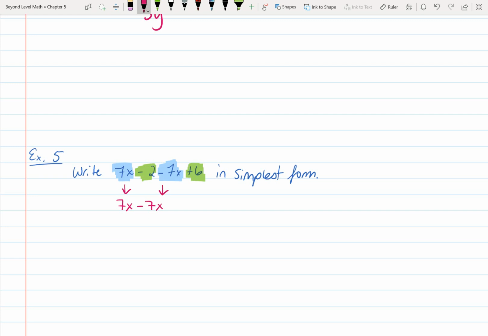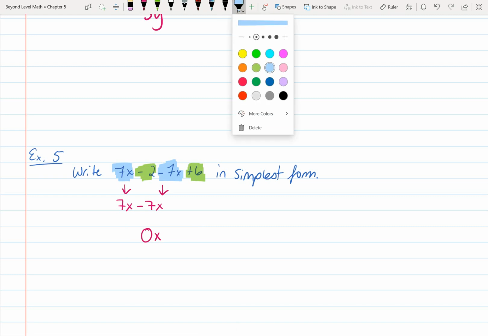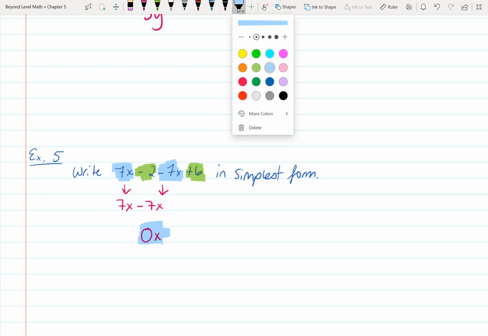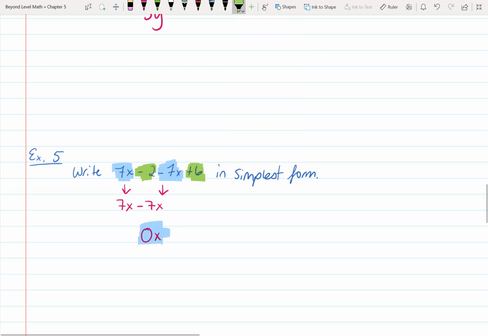Well, you've got 7x's, right? And you're taking away 7x's. So you have 0x's. If you want to write that down just to show yourself that you've taken care of that, you're welcome to. Now, keep in mind, if we have 0x's, we're not going to write it down because you have nothing.